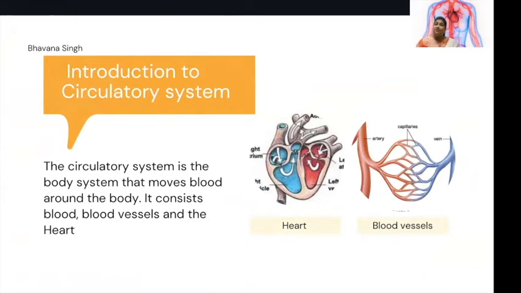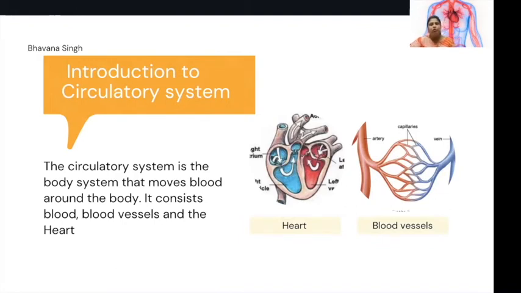The blood carries various materials like nutrients, oxygen, hormones, which our body needs, and takes out waste and harmful substances from our body. And it consists of blood, blood vessels, and the heart. So hope you understand what the circulatory system is.